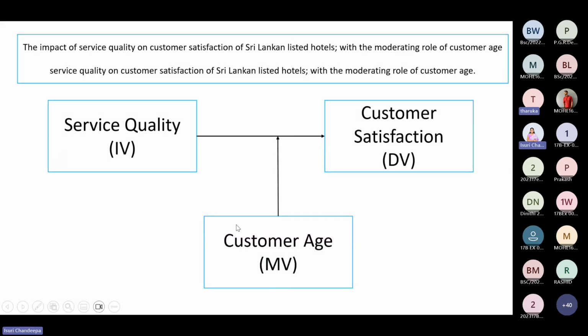So what is the moderating impact of customer age in the relationship between service quality and the customer satisfaction?